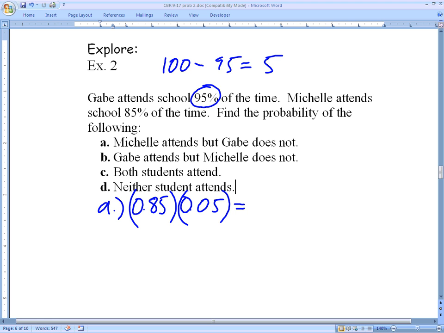And we're just going to go ahead and multiply these. Since they're already written in decimals, I'm going to reach for my calculator, and we get 0.0425. Now, they originally gave me percentages. I now have a decimal for my answer, so I'm going to convert that by moving my decimal place to make it 4.25%.